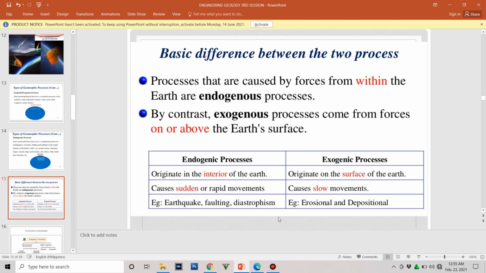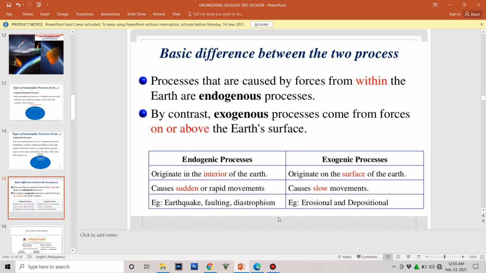And then, those examples, kitang-kita naman natin, or we have a quick recognition of the effects of earthquake, faulting, and diastrophism. Kapag nangyari yun, pag lumindol, kitang-kita natin yung effect.